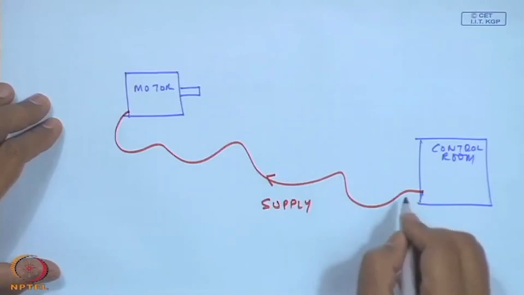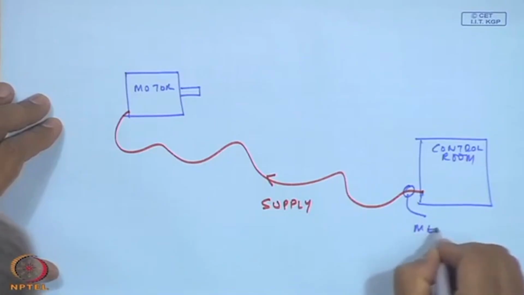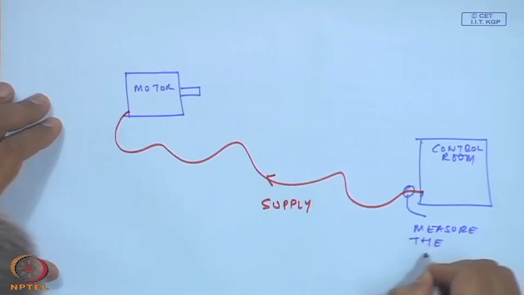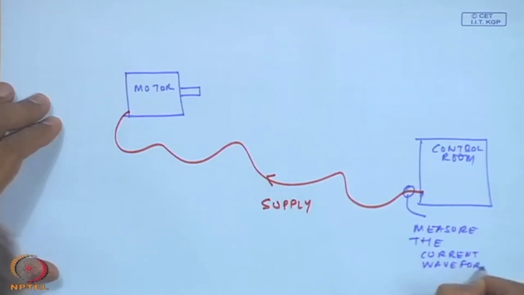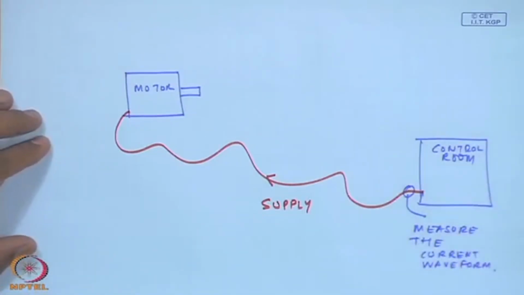So, very easily you can measure at this end the current waveform. So, now you can imagine the power of motor current measurement.